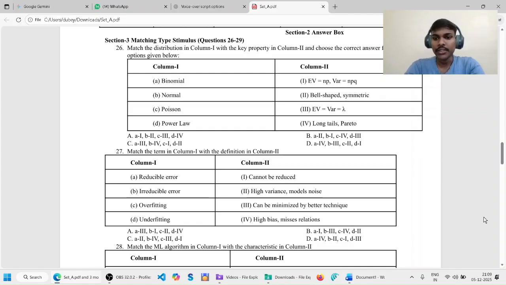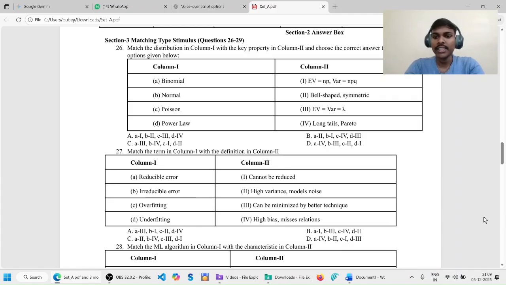So the correct answer is option A: A1, B2, C3, and D4, which maps binomial to EV equals NP, variance equals NPQ. For normal, it is bell-shaped and symmetrical. For Poisson, it is EV equals variance equals lambda. And for power law, we have long tails and Pareto.